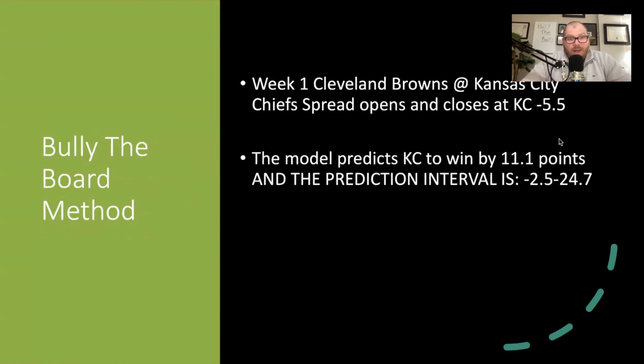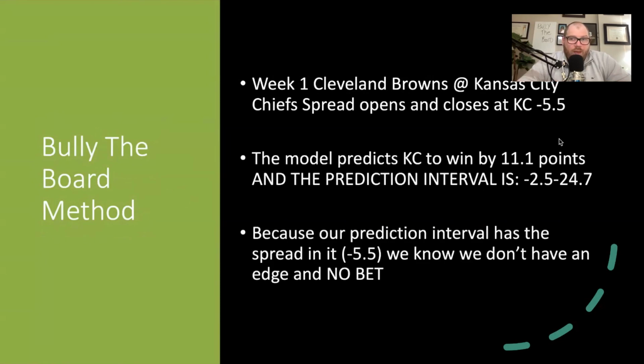Well, the problem with that is the prediction interval encapsulates the spread. And so, like I was saying before, we don't actually have an edge, because we don't know whether to take Kansas City if it's going to be above 5.5, or Cleveland if it's below 5.5, right?